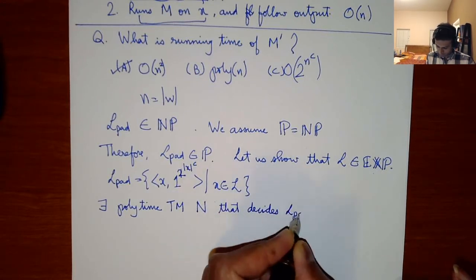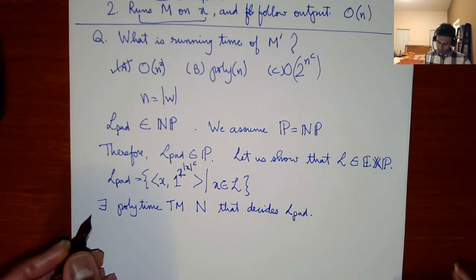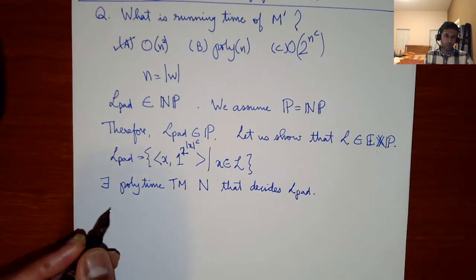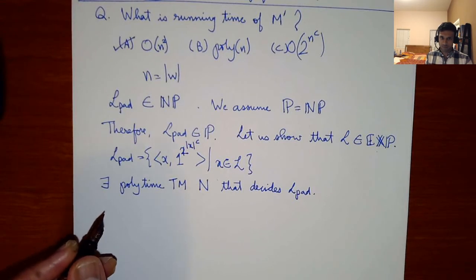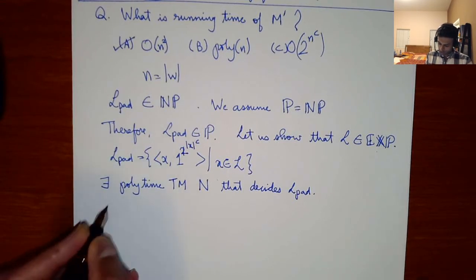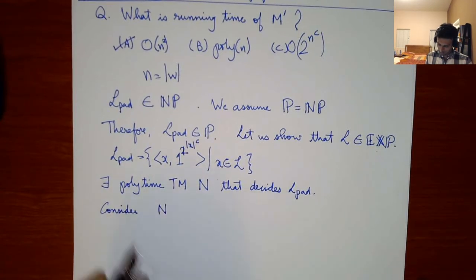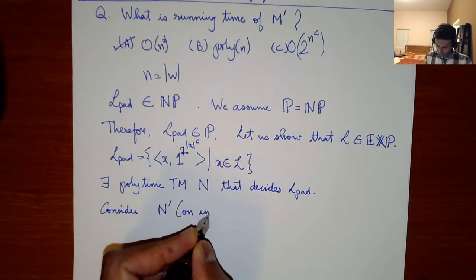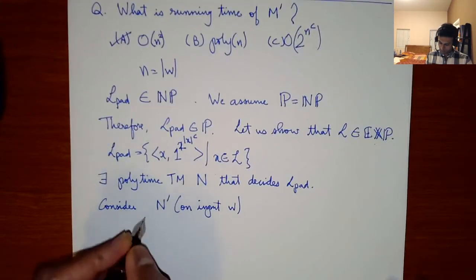Oh, you just pad it and then send it into LPAD. Exactly, you just pad it and send it to LPAD, right? So you basically take your input, you pad it with exponentially many ones, and then you feed it to LPAD. So now consider N prime on input W. What does it do?